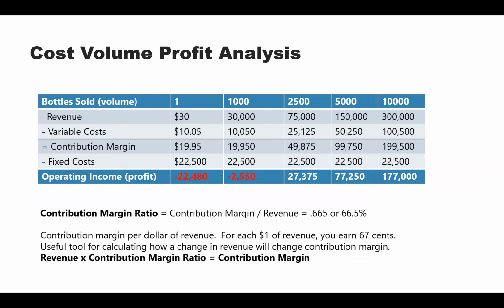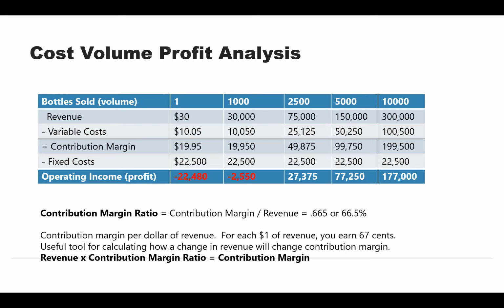Another ratio that sometimes people use is the contribution margin ratio. So it's the contribution of every dollar of revenue you earn, you earn 67 cents.